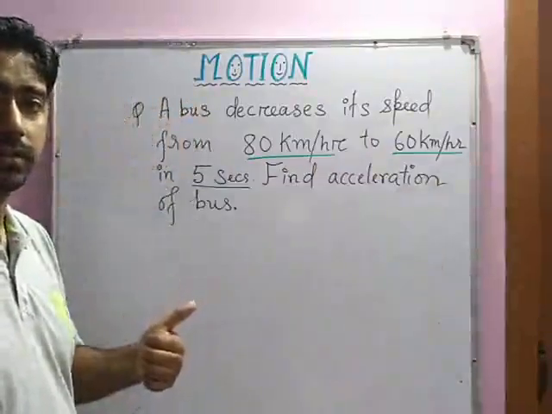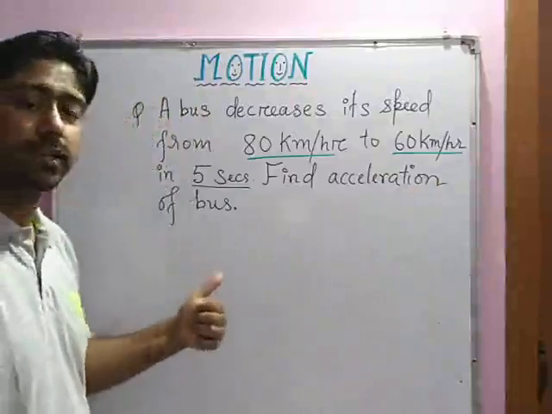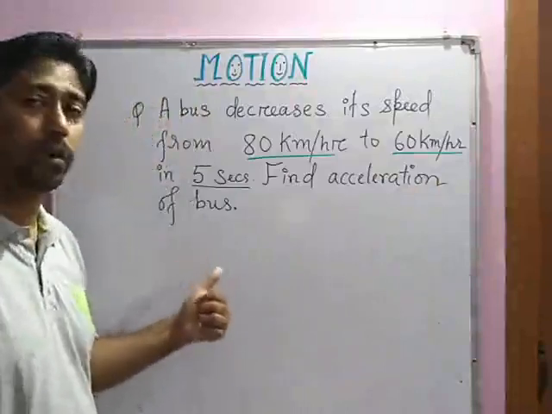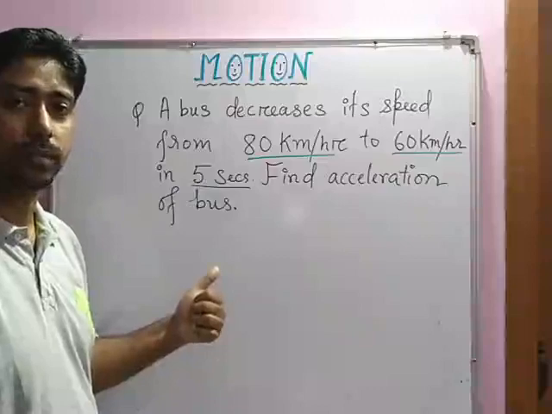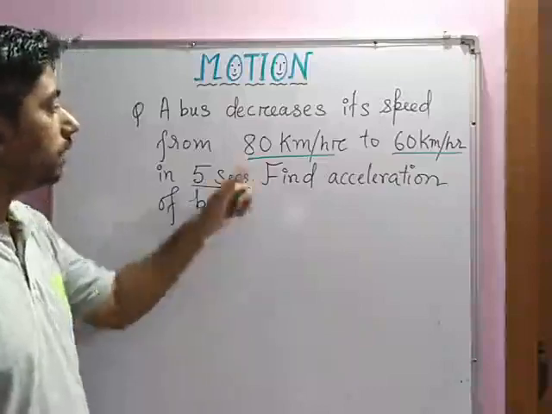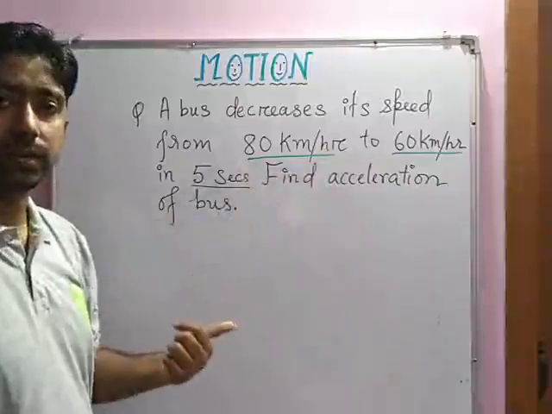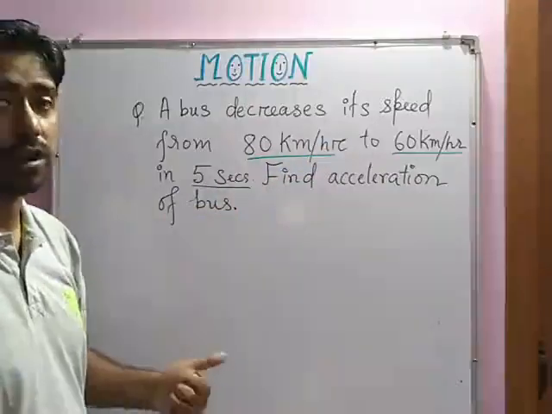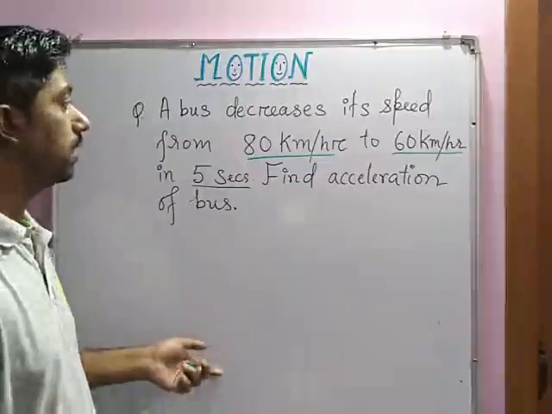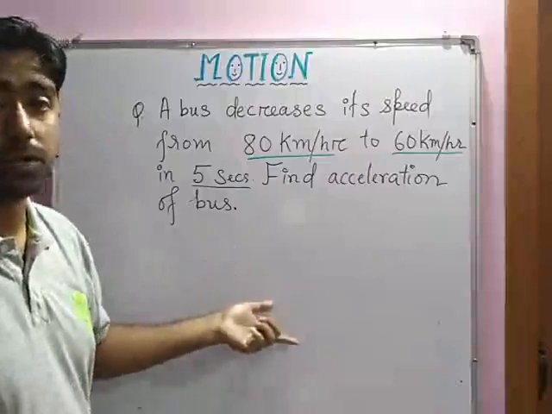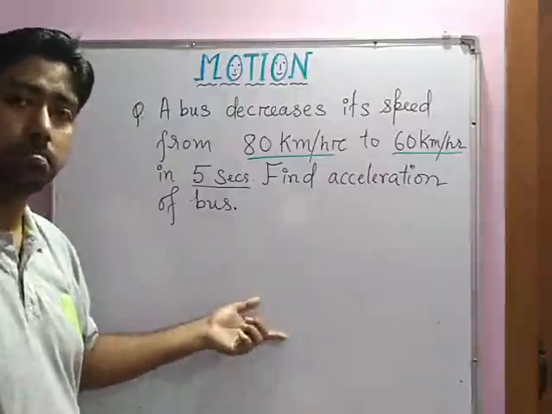First thing, whether the motion here is uniform or non-uniform. See, the velocity of the moving object is changing. So that means it's non-uniform motion. Now since it's non-uniform motion, we can find its acceleration.